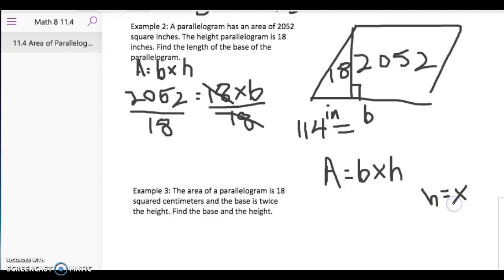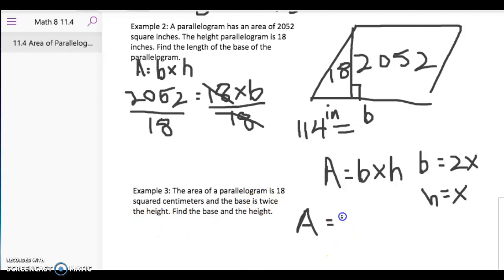Okay, and so now we have area equals base times x. But we are also told that the base is 2 times or twice the height. So I know that base then equals 2x, right? If the height is x, the base has to be 2x because it says twice the height.